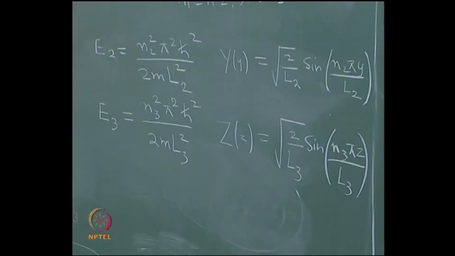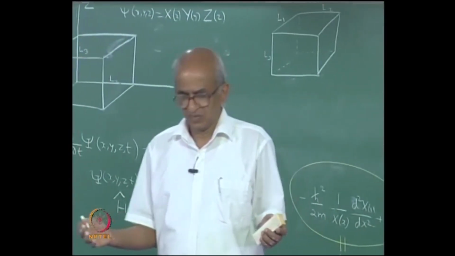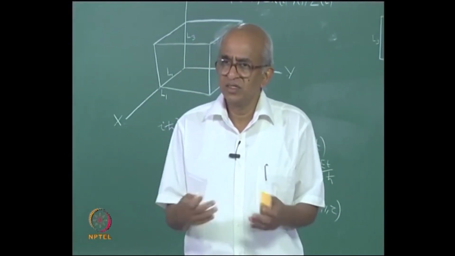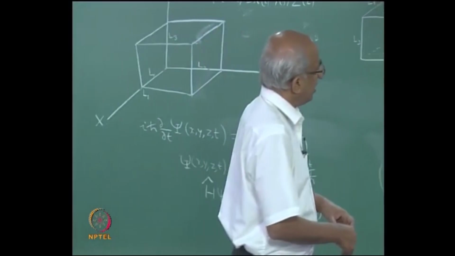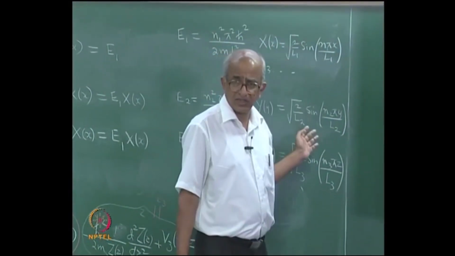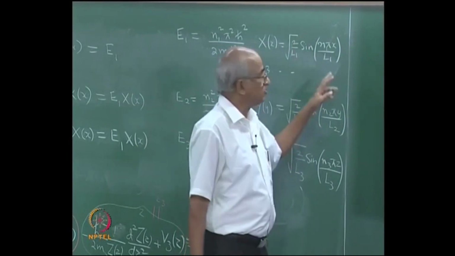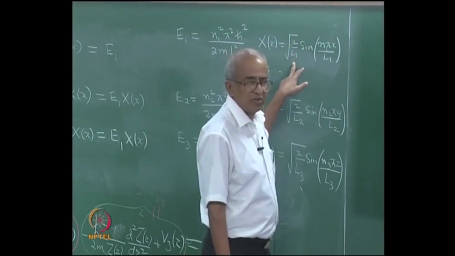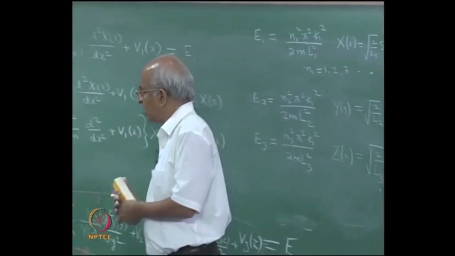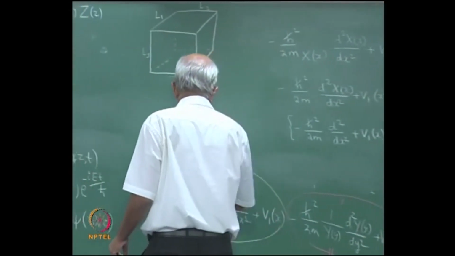So, we have solved the problem completely, right. We have found the eigenvalues of the system, we have also found the eigenfunctions, and in fact these functions we have chosen to be normalized. That is why this constant square root of 2 by L1 occurs, or square root of 2 by L2 occurs. So, what is the complete solution that I have obtained now?